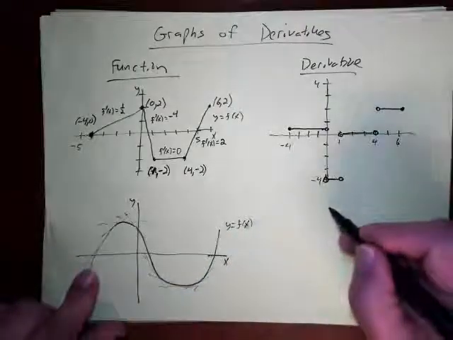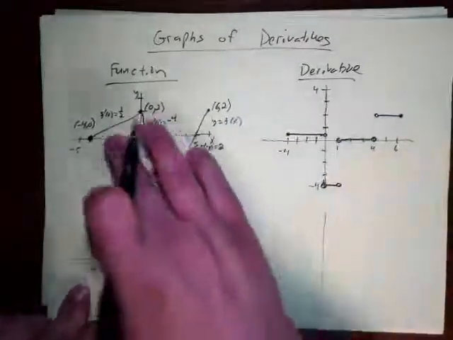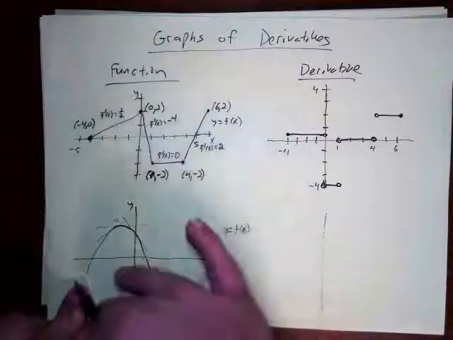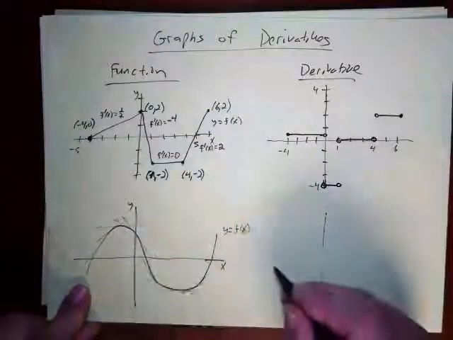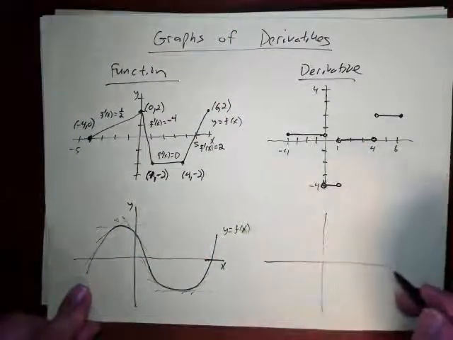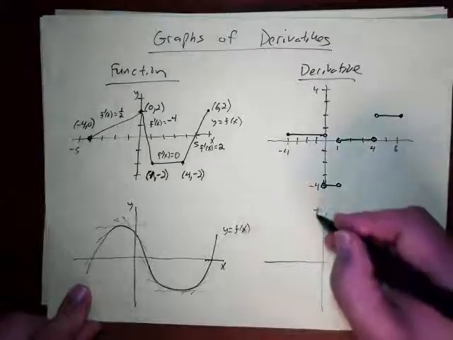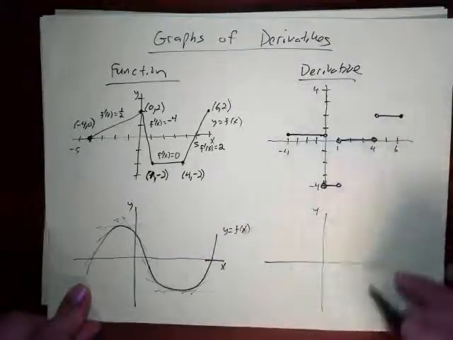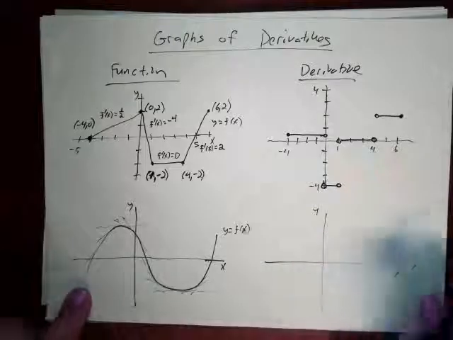And so the derivative of the function here, and we're not going to be exact. Like this, I was able to calculate it exactly. Here, I don't even have a scale. So I'm just going to approximate what this derivative is going to look like. Okay?